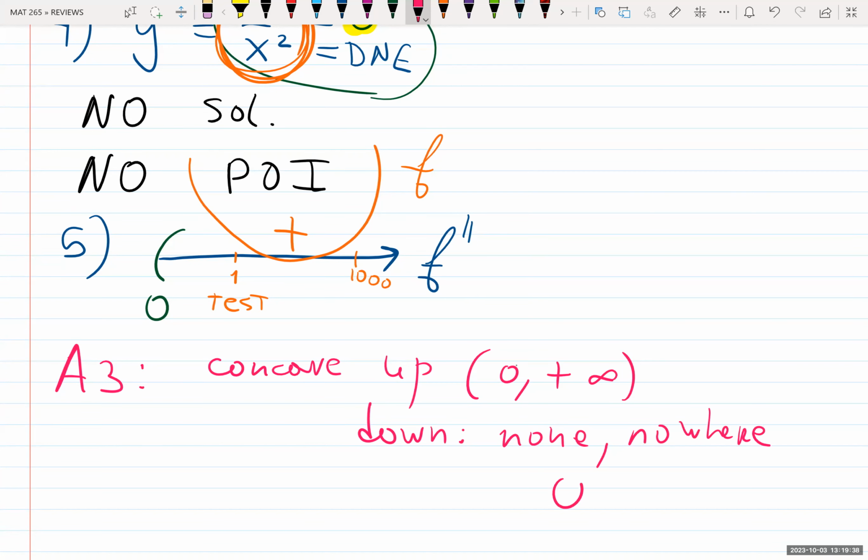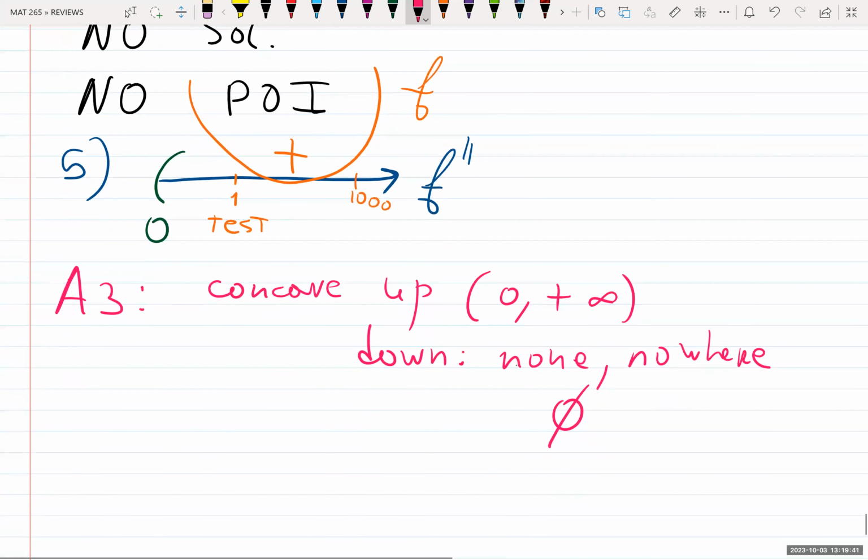And mathematically we say empty set, 0 with the cross. That's why you're supposed to do 0 with the cross unless you talk about empty set. Now you learn this in discrete math and logic. Points of inflection, POI, none, because it never changed the concavity. So that's again good enough.